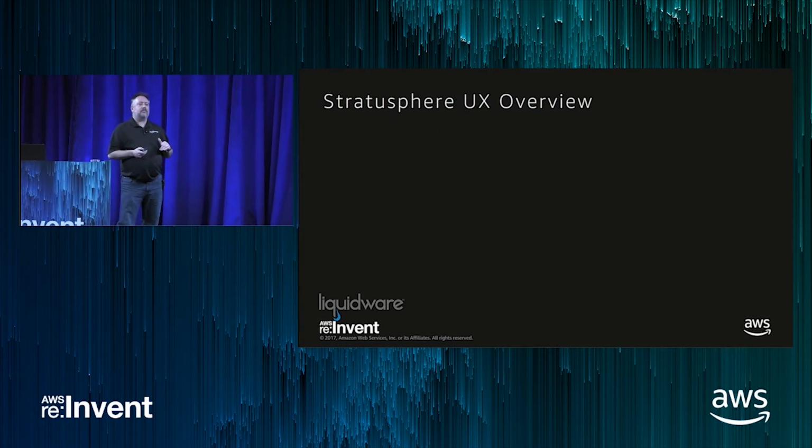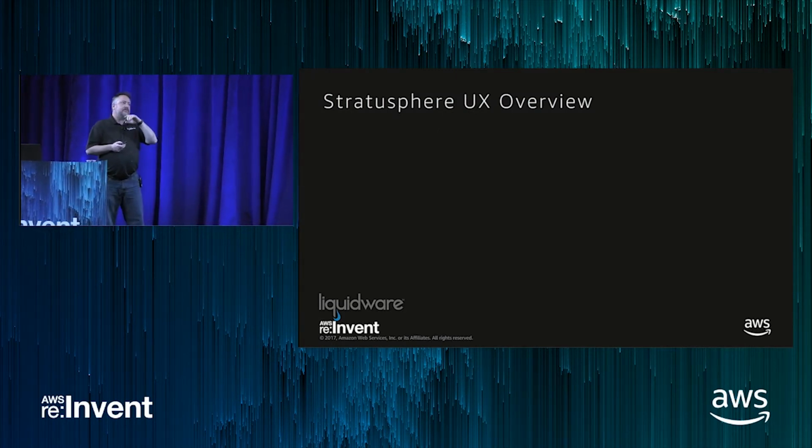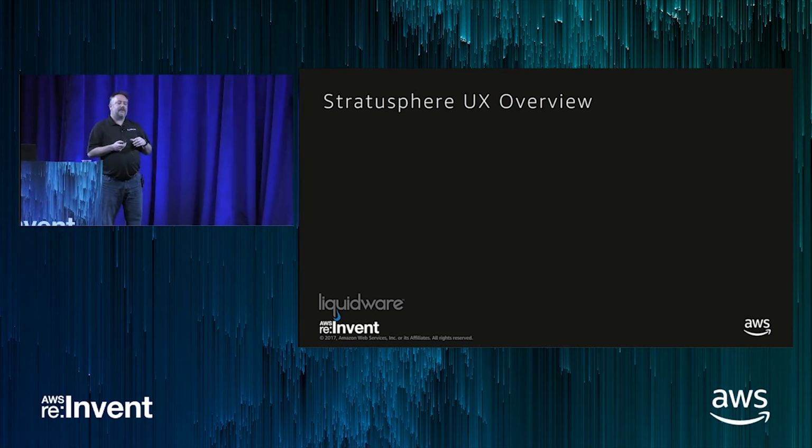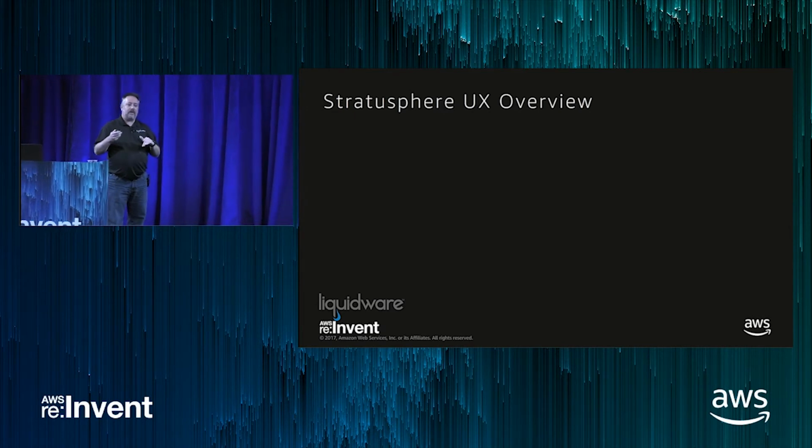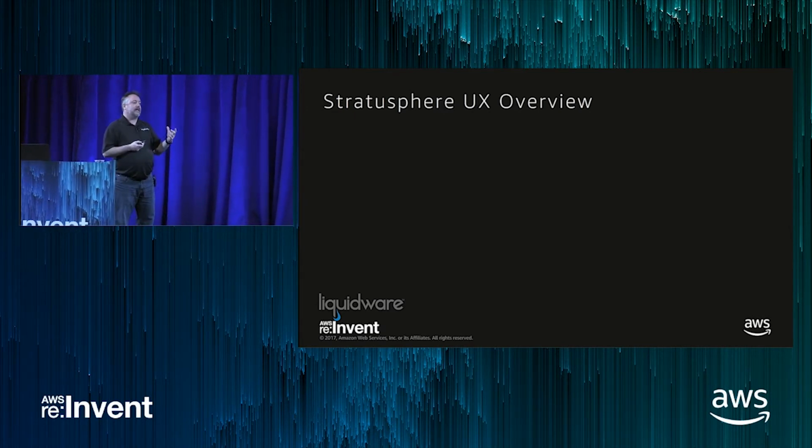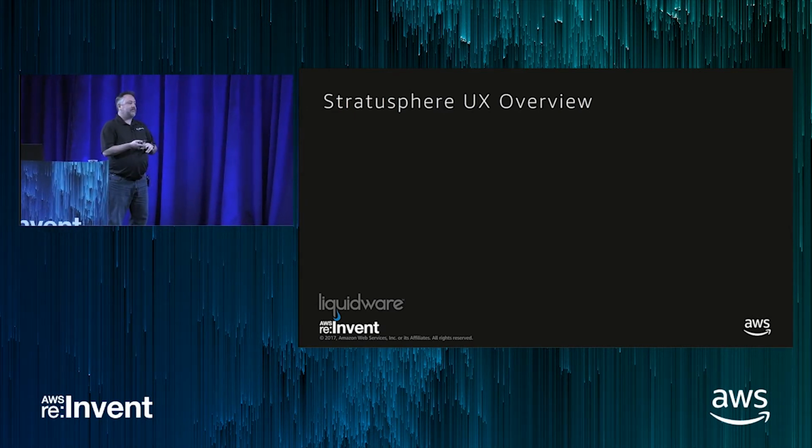The first product in the suite is Stratosphere UX. Its goal is, in an appliance way, in an on-prem environment or a cloud environment, to collect real-time data and analyze it to help you make better decisions with whatever project you're doing, along with reporting best practices, and we'll get into that in a few minutes.